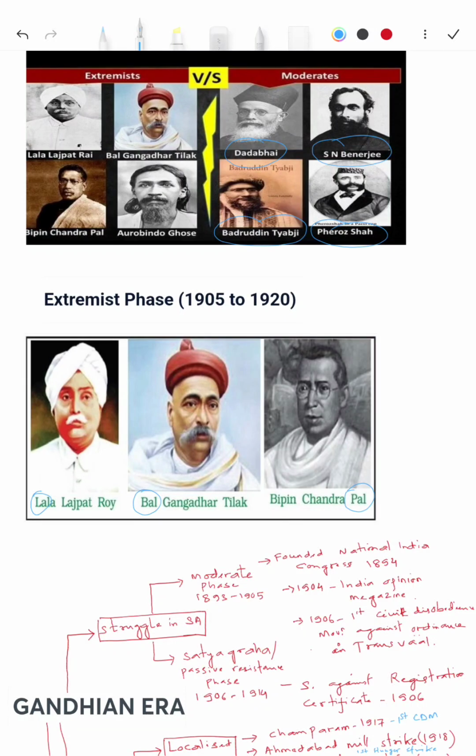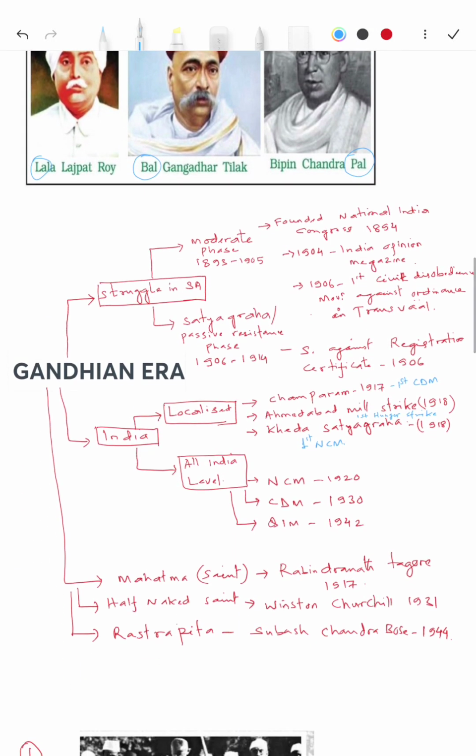Then comes the Gandhian era. Mahatma Gandhi played an important role in the nationalist movement and an immense role in shaping the modern history of India.